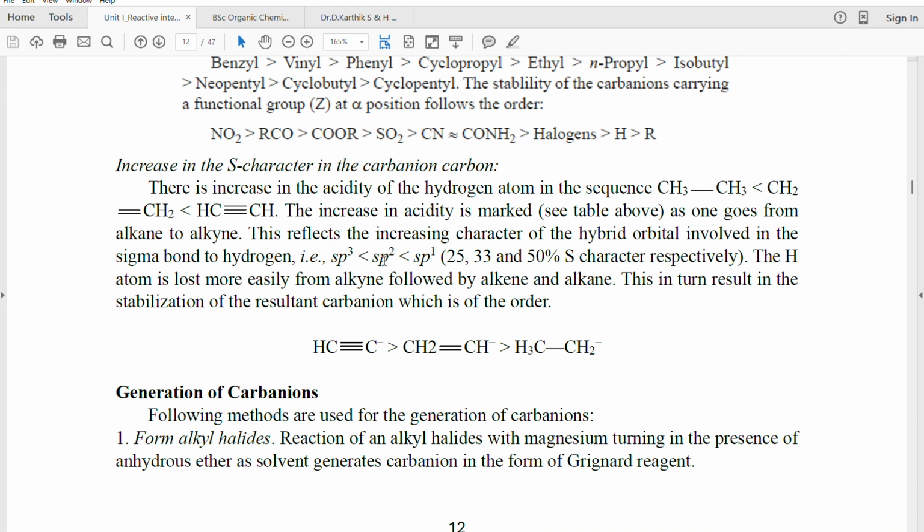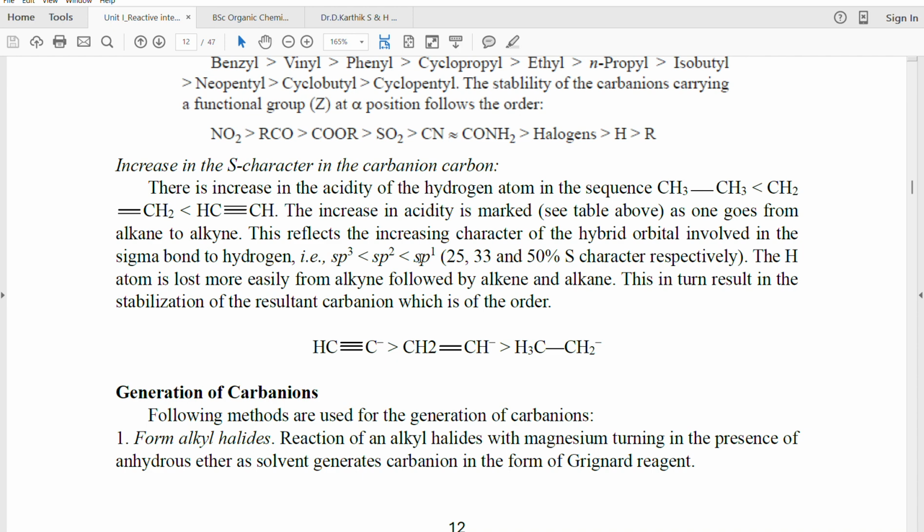So total 66% of p orbitals and 33% of s orbitals, which makes 99%, and the remaining 1% is divided, so we can say 33.33%. So when you go from sp3 to sp2, the s character increases. As you can see from the ratio, in sp3 you have 25% s orbital, in sp2 you have 33.33% s orbital, and when it comes to sp, you have 1 s orbital and 1 p orbital.